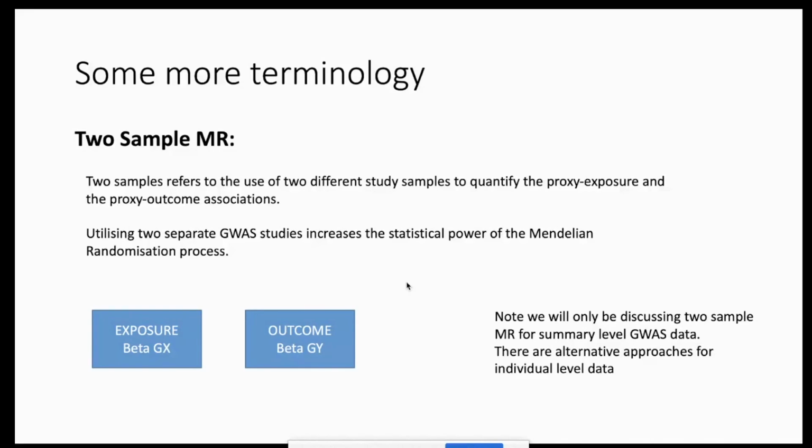So you have a cohort who are looked at for the exposure and a different cohort who are looked at for the outcome. So we're actually using a lot more sample size in the Mendelian randomization study who are contributing to the association between the genetic variant and the exposure and the genetic variant and outcome.